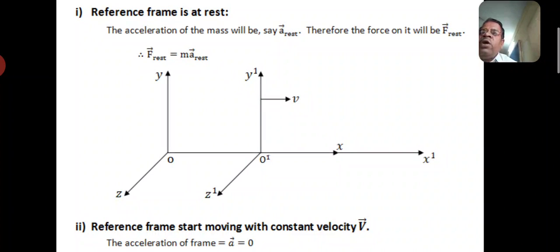Now, observe the diagram carefully. Frame S with origin O, axes x, y, z is at rest, and another frame with origin O dash, axes x dash, y dash, z dash is also at rest.